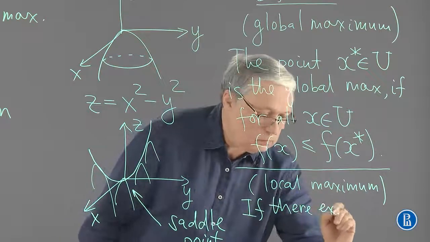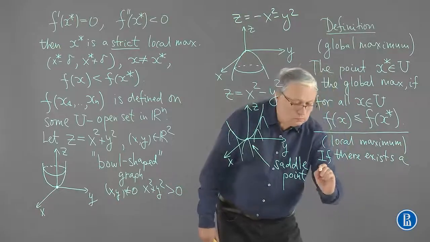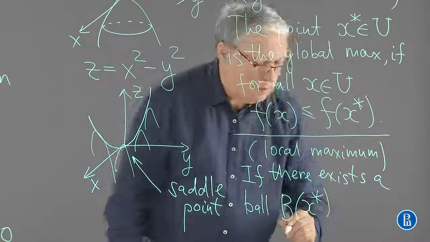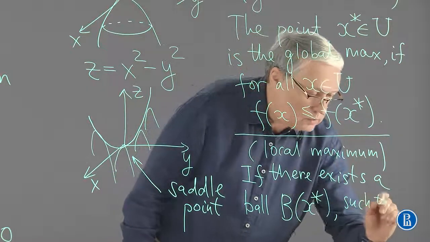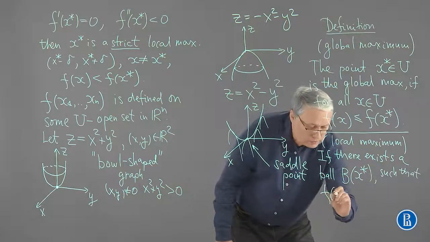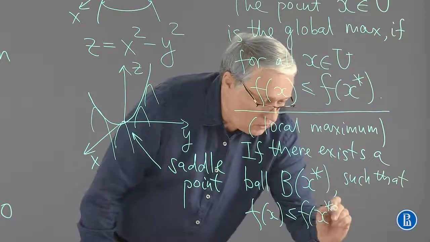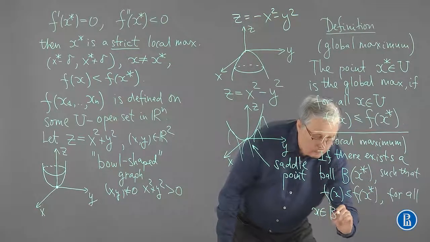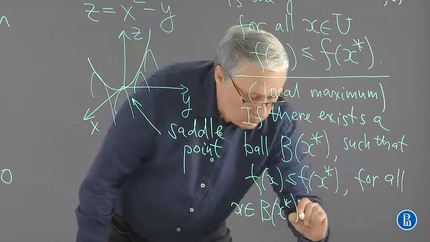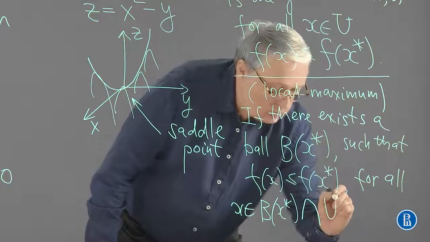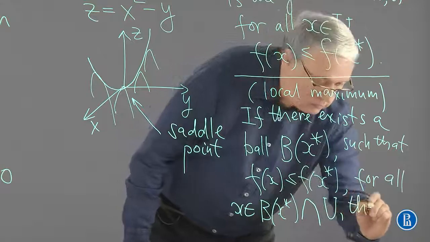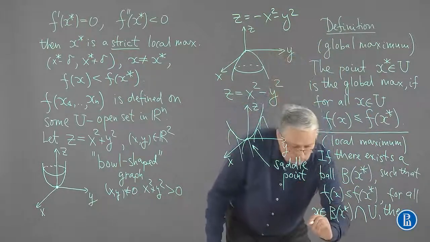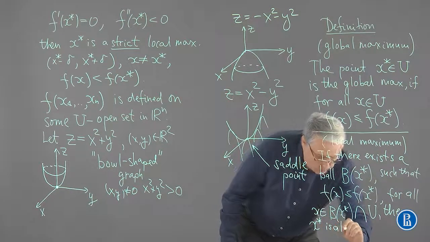If there exists a ball about the point such that f of x is no greater than f of x star for all x we intersect with the U set, then we call such a point x star a local max.